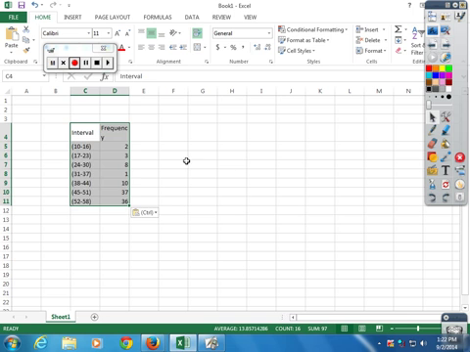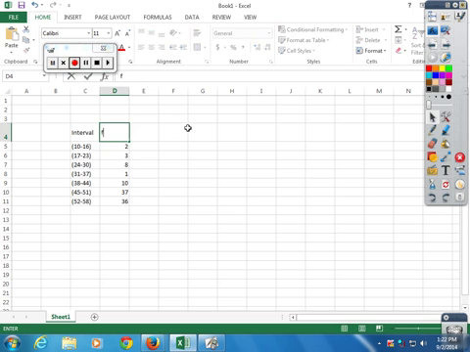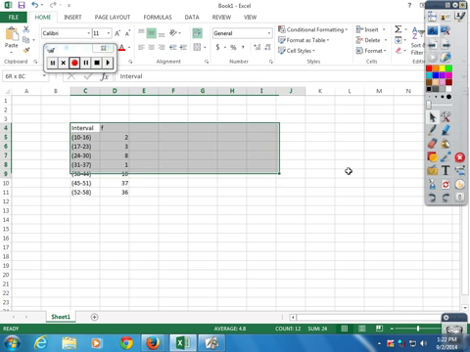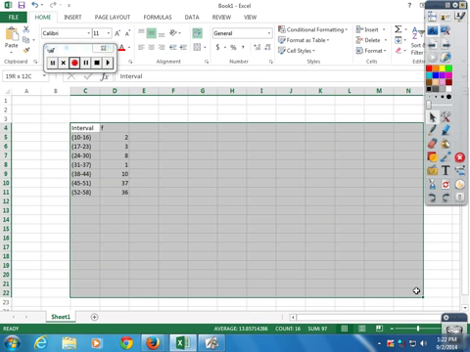Now, the only reason I'm using the Excel spreadsheet right now is because it's a whole lot neater and more organized for me to put it on the board than to draw a bunch of squiggly lines and run out of room.